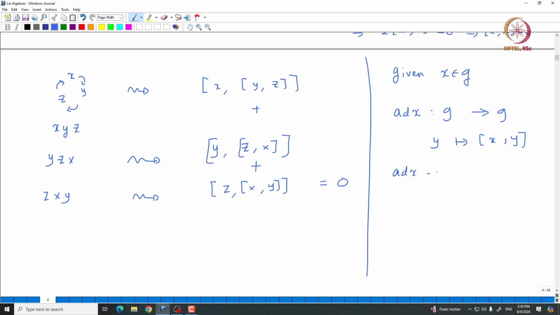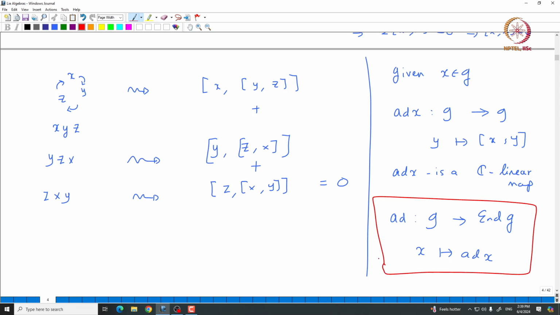In particular, we have what is called the ad map from G to the endomorphisms of G, which is given by x goes to ad x. We will later study this map. Indeed, we will see that this is a representation of G inside the endomorphisms of G.